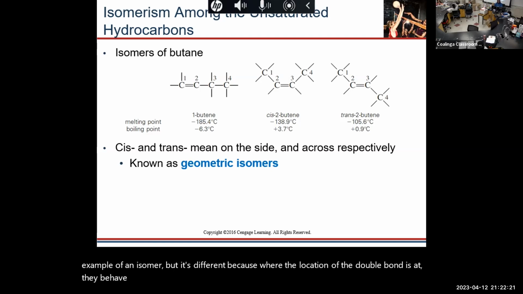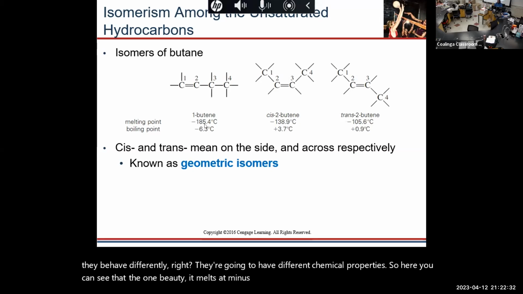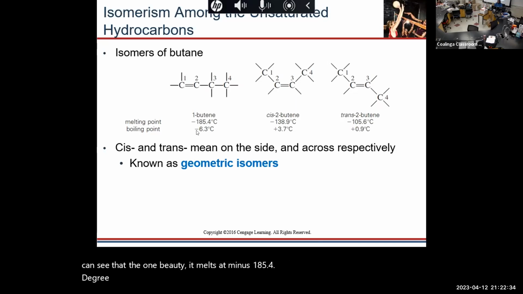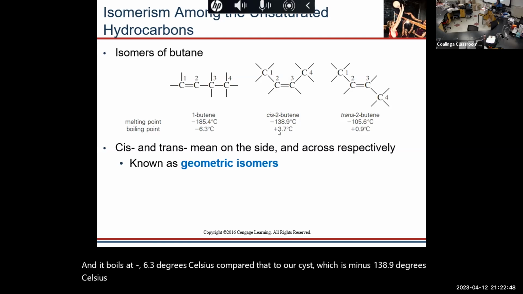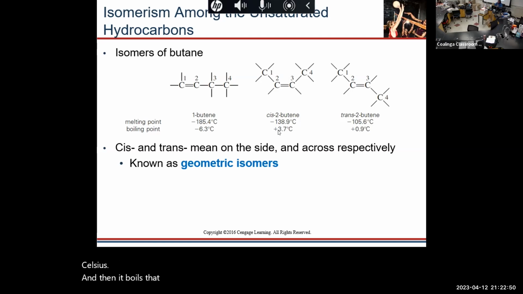They're going to have different chemical properties. Here you can see that the 1-butene melts at minus 185.4 degrees Celsius, and it boils at negative 6.3 degrees Celsius. Compare that to our cis, which melts at minus 138.9 degrees Celsius and boils at 3.7 degrees Celsius, and that's different than the trans.